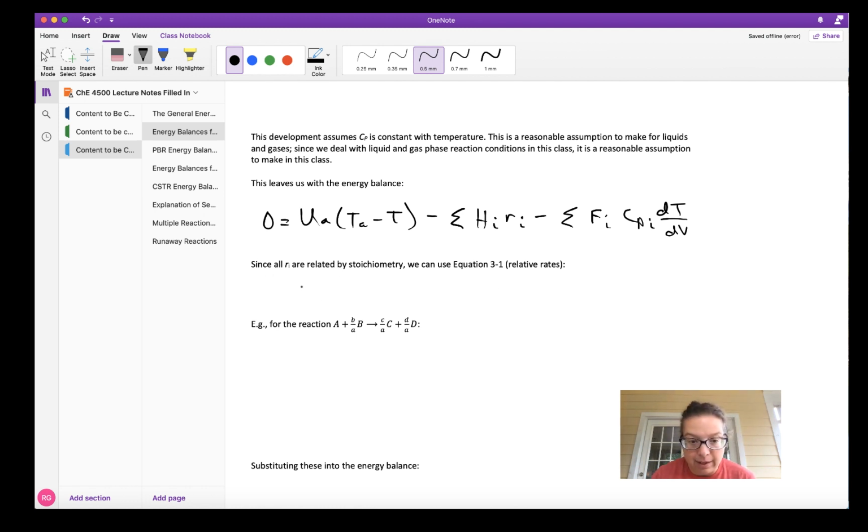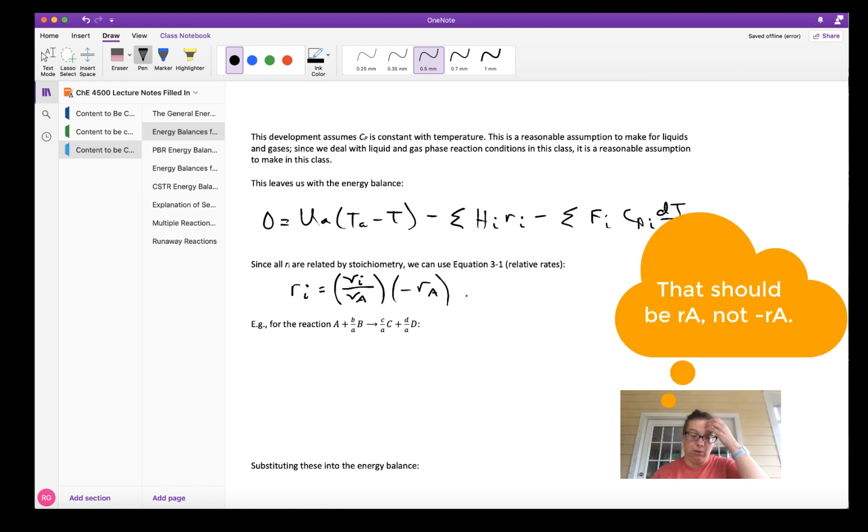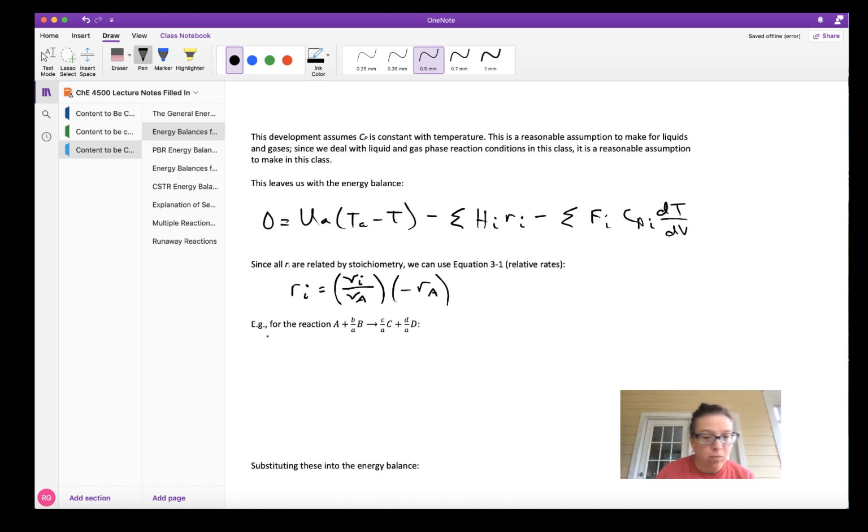What that is saying is Ri equals the ratio of stoichiometric coefficients times the rate of A, or whatever the limiting reactant is.